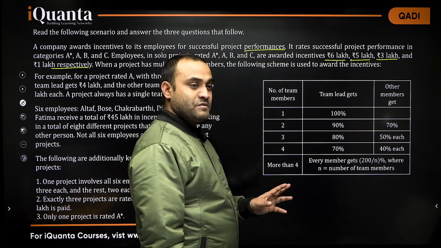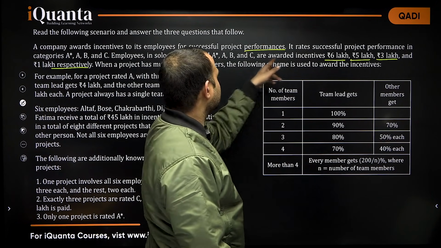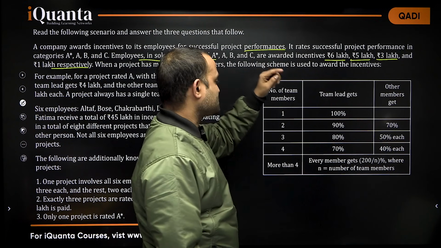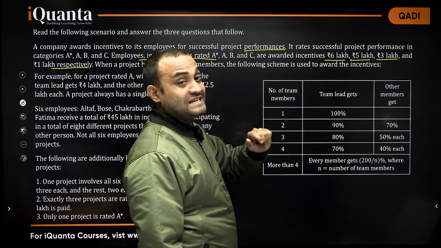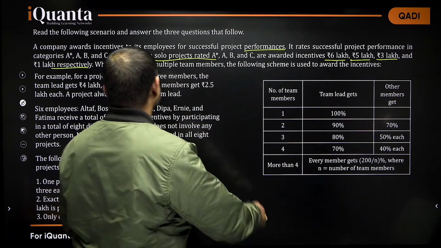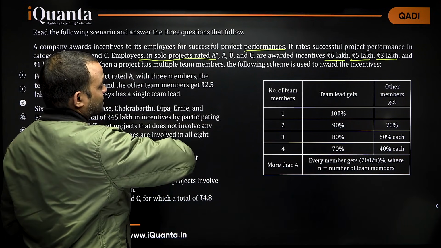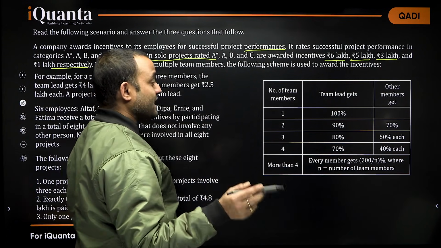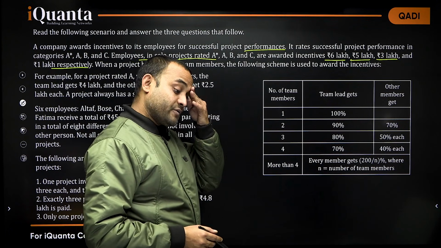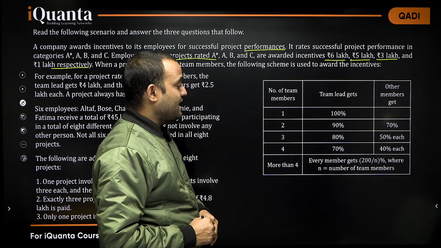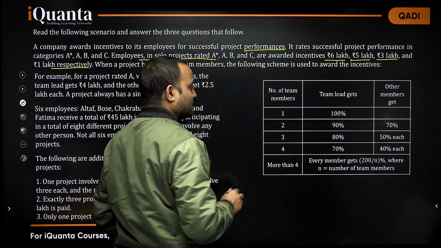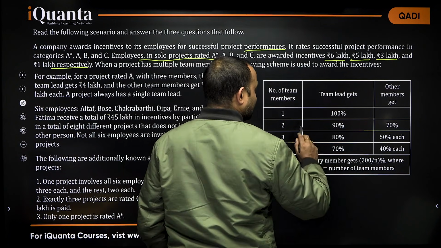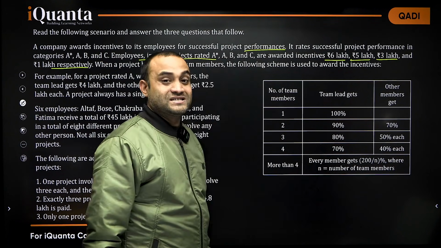If number of team members is 1, they are getting 100%, which is a solo project. Number of team members is equal to 2. Then whatever the incentive is depends on the project performance, A star, A, B and C. So if there is a 2-member team and the project is getting A star performance, the team leader is going to get 90% and the rest is going to get 70%.